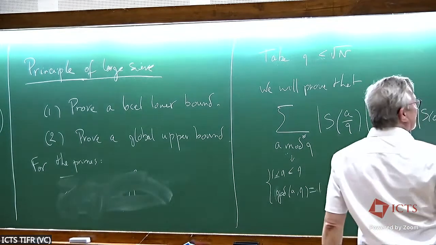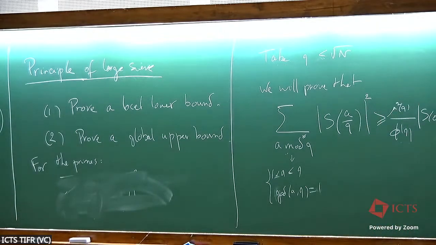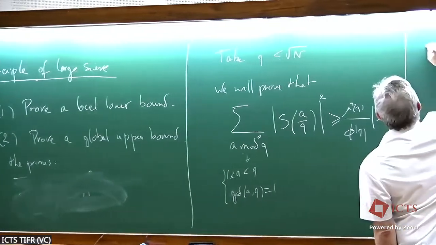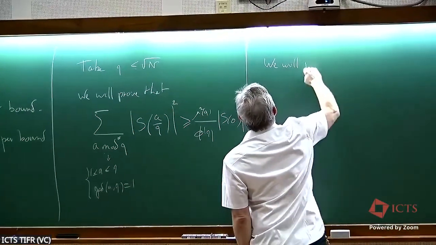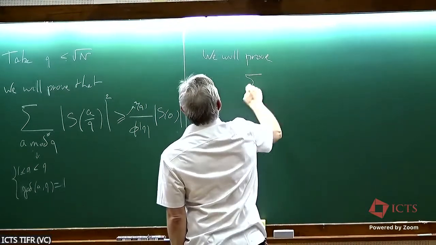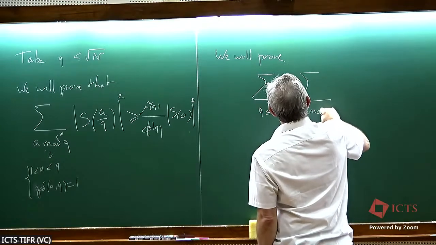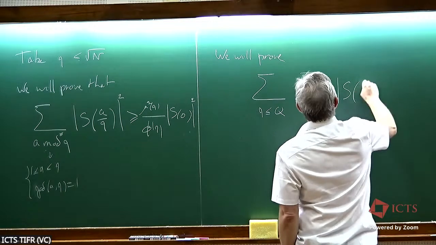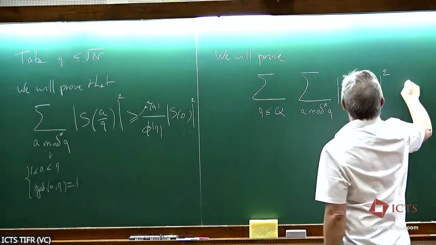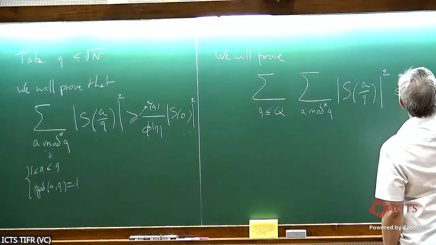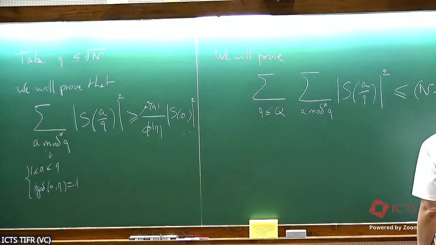Okay. And this one I can still... We will prove tomorrow that the sum for q less than capital Q, and the sum for a mod star q, of |S(a/q)|^2 is less than n plus q squared times the sum over m to m plus n of 1 squared, in fact. 1 squared, to tell you that it's going to be the L2 norm.